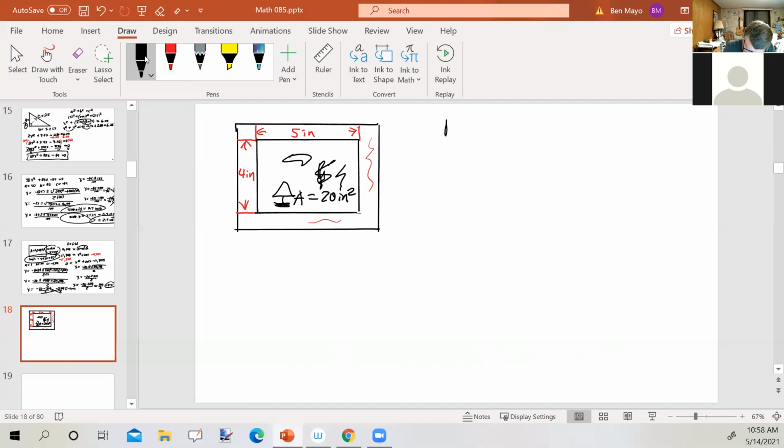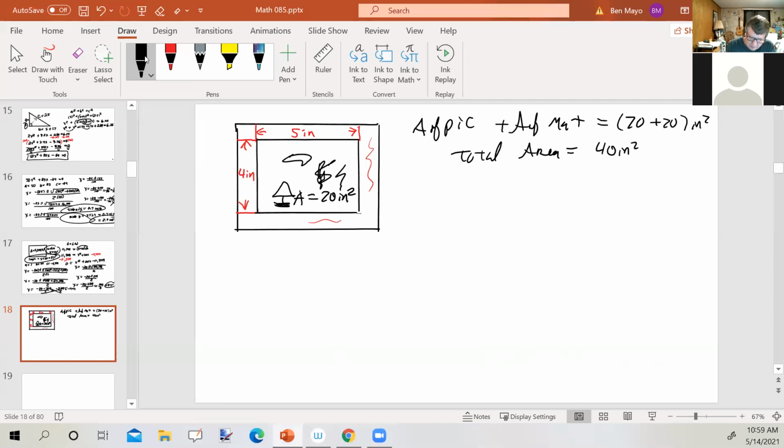So I'm going to say area of picture plus area of mat equals what? 20 plus 20 square inches. So the total area equals 40 square inches. The picture plus the mat. Okay, so everything, total area 40 square inches. Any questions on that?